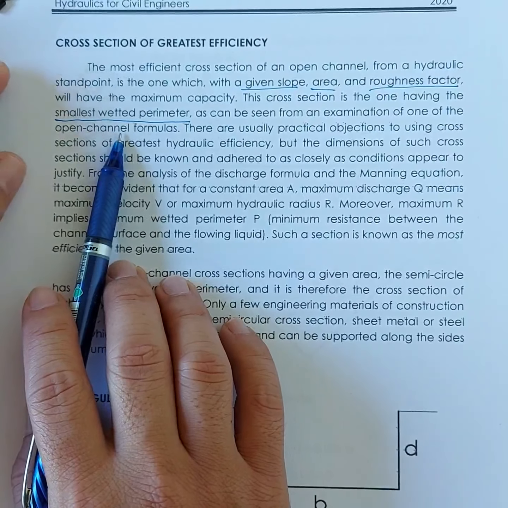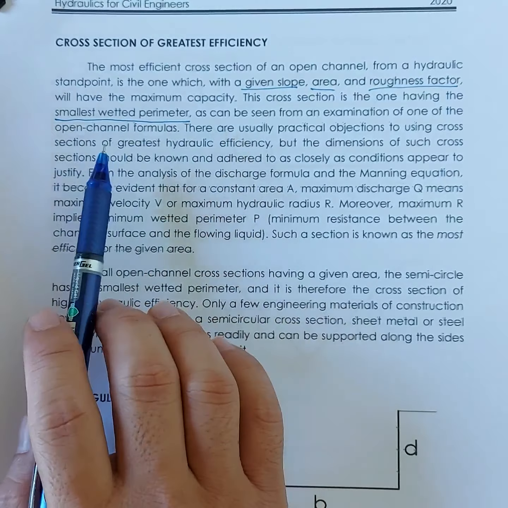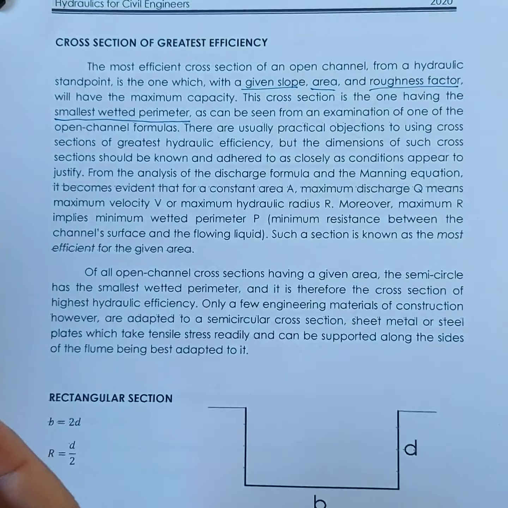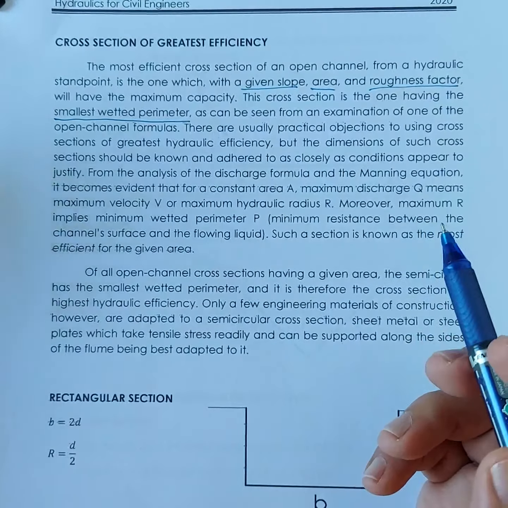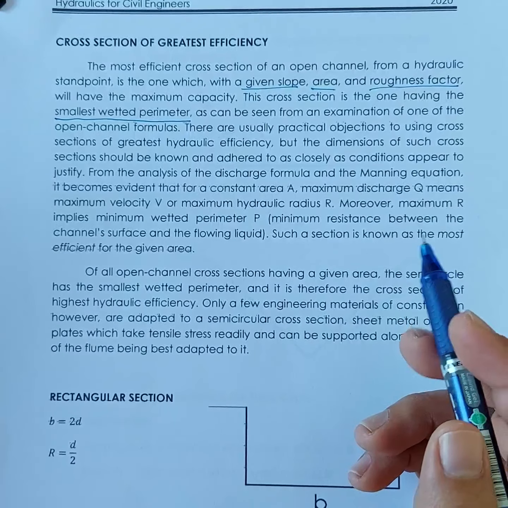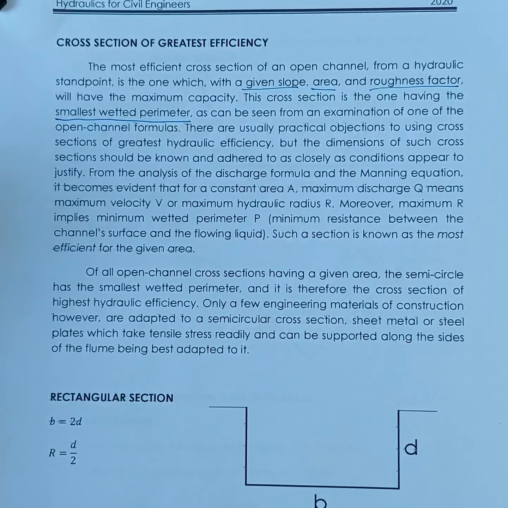Wetted perimeter. And as can be seen from an examination of one of the open channel formulas, which usually is Manning's formula, there are usually practical objections to using cross sections of greatest efficiency, but the dimensions of such cross sections should be known and adhered to as closely as conditions appear to justify.